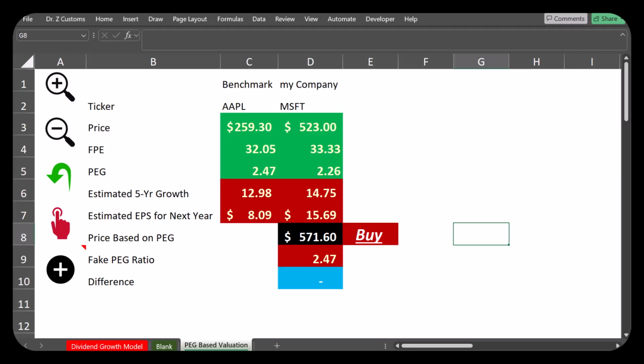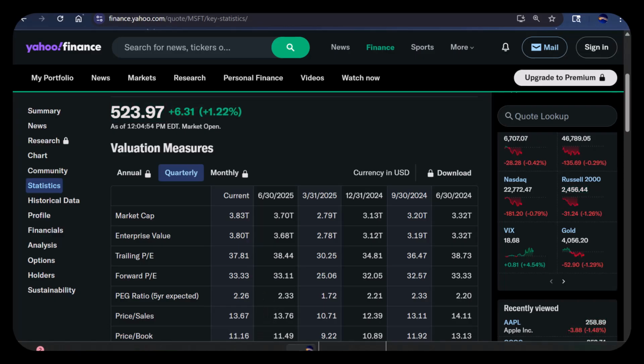All right. Now, this is based on PE type stuff. One other alternative is, there are many things that drive the PE ratio. One of those things is leverage.